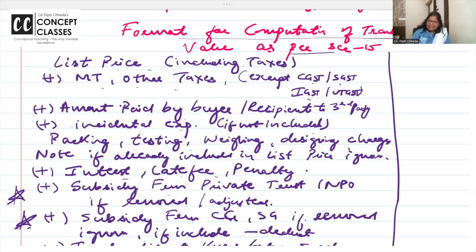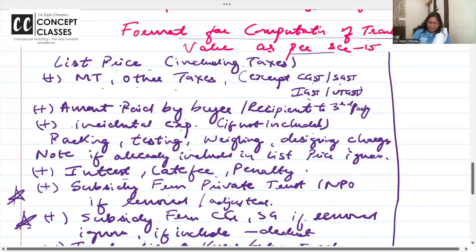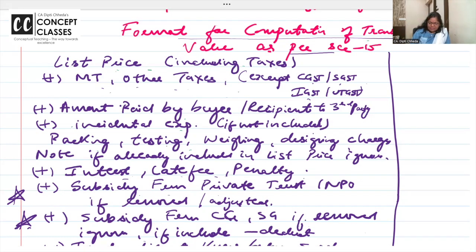This is going to be very easy. Once again, list price likha aapne. I want you to write municipal tax, other taxes, add, except CGST. Amount paid by buyer to third party, add. Incidental expenses, if not included, add. If already included, ignore.